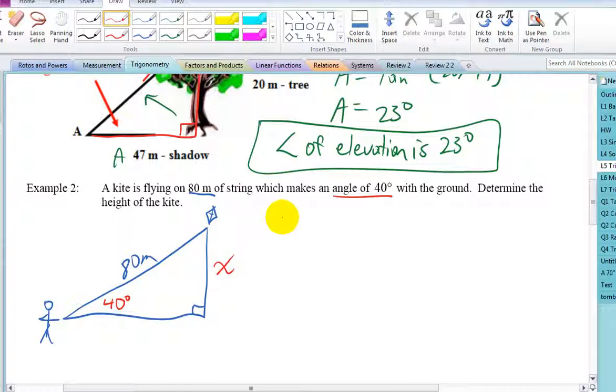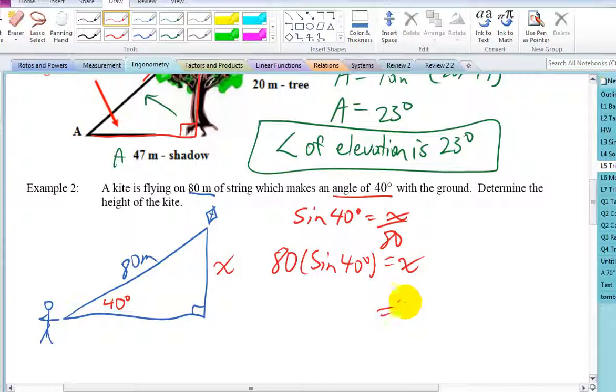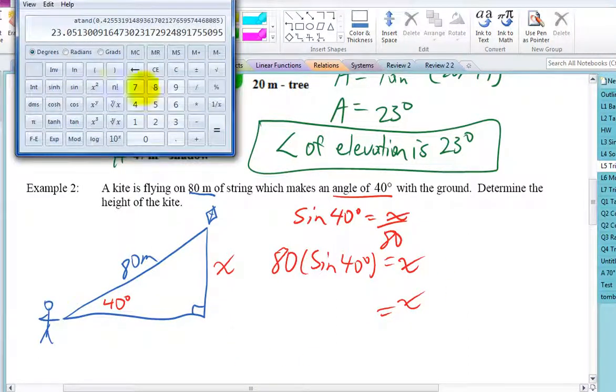Label your H, O, A, choose a ratio. Do the opposite of divide by 80. And then go to your calculator.